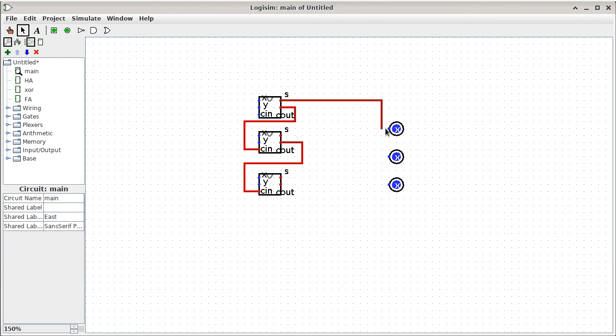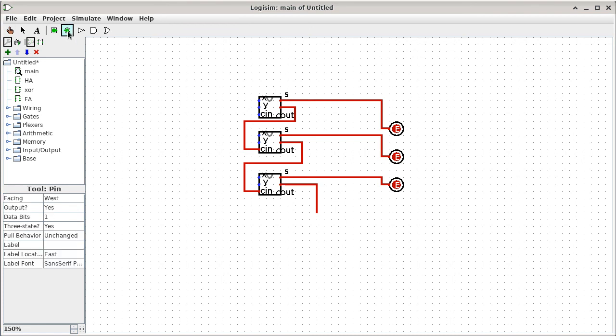There we go. And this one goes here. This is our K3. The K3 goes to its own pin, but it is not considered a part of the sum. Is that okay?